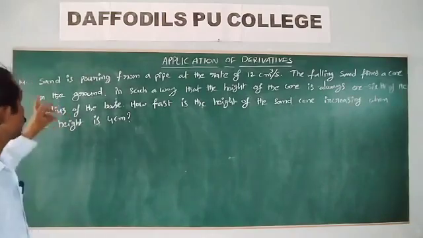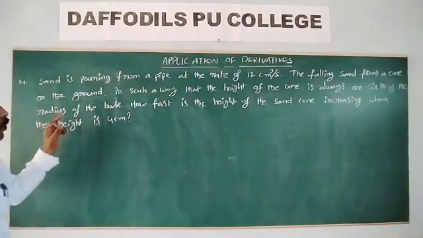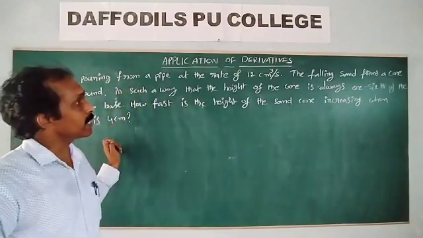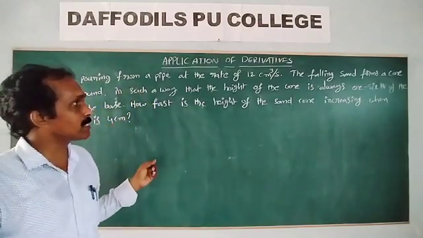First to read the question. Sand is pouring from a pipe at the rate of 12 centimeter cube per second.